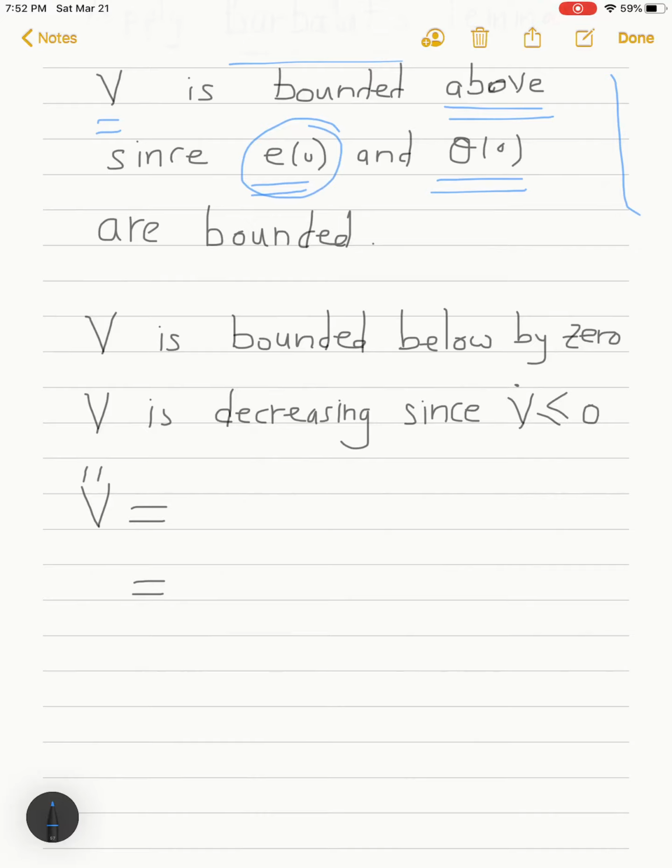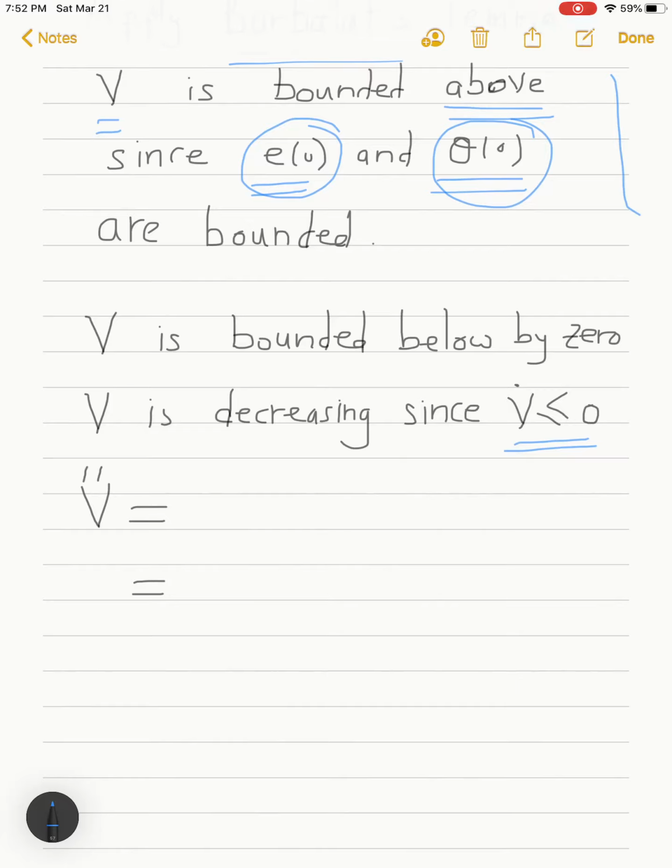Also the initial value of theta will be bounded, so that means that v as a whole will be bounded. And if it is bounded from above, then it will also be bounded below, because v dot is negative semi-definite, so it is decreasing, and the lower value for v is 0. So that means that v is bounded from above and below.